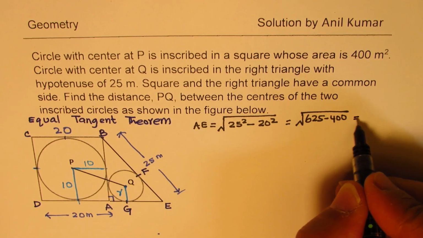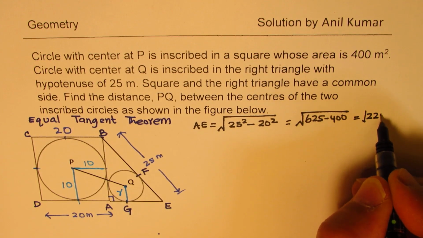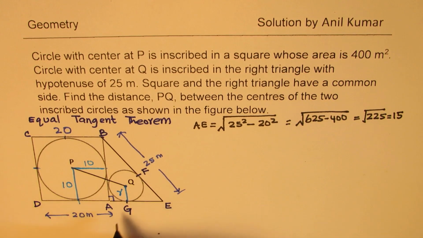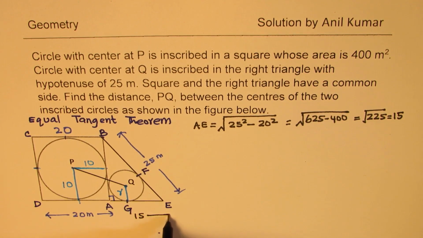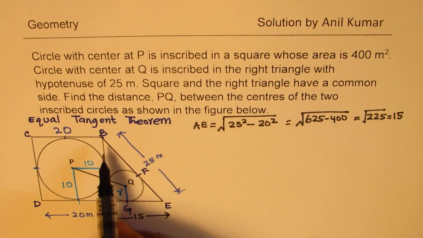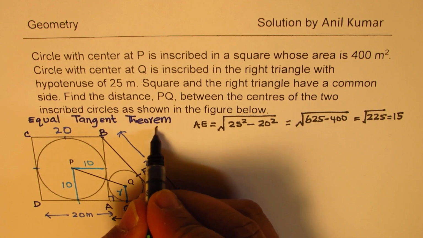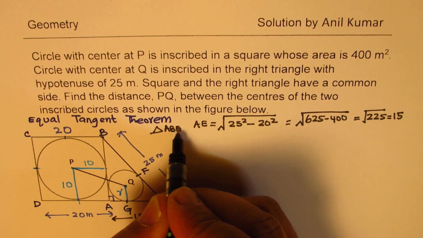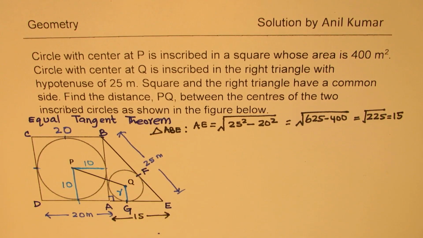Which is 225, which you know is 15. So we get this A to E as 15, correct? That is using the Pythagorean theorem in the triangle ABE. That is the first step.